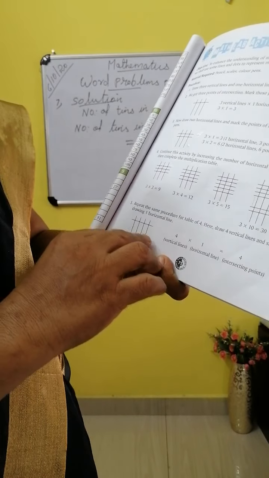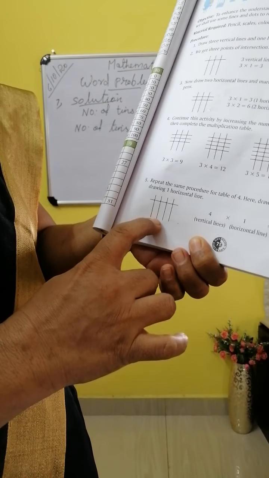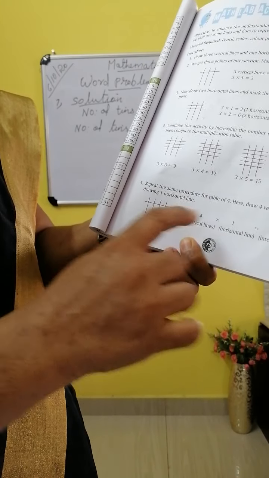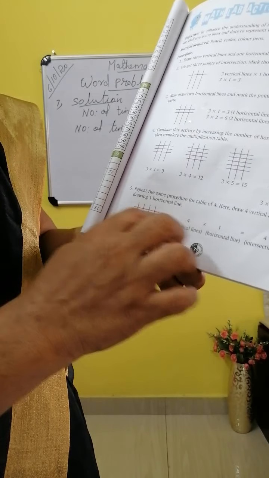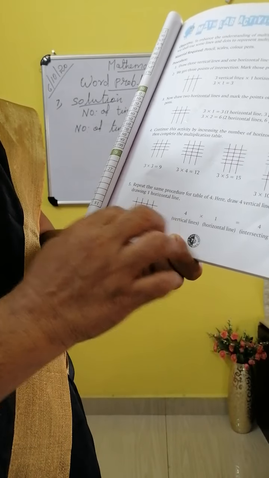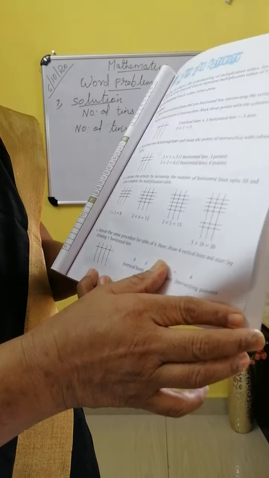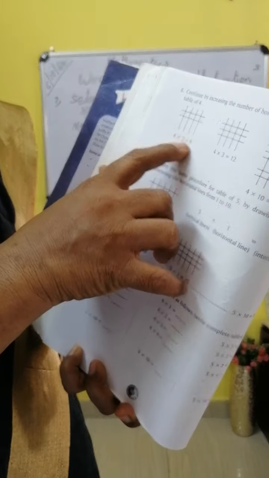Here it is, this is table 4. So 4 horizontal lines: 1, 2, 3, 4. Table of 4. So how many times it is repeated, you put the cross line. This is 1. Next 2. Next 3, 4, 5, 6, 7, 8. Like that. Here you have to find out 4 twos are.